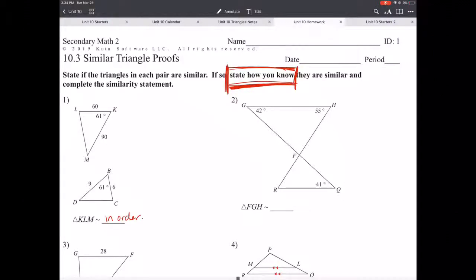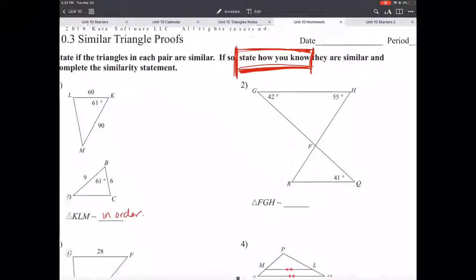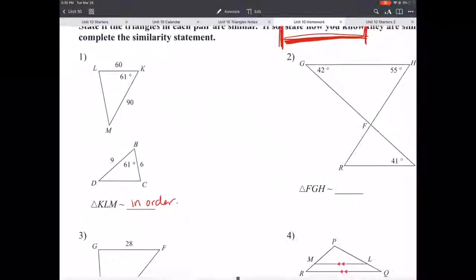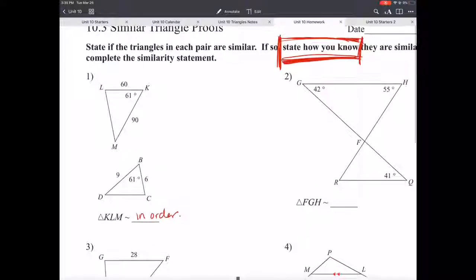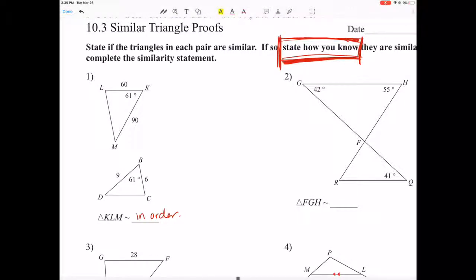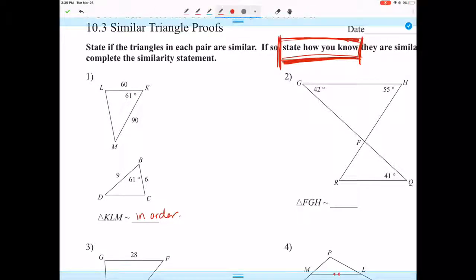Don't just look at them and say, those look like they're similar, and write down the similarity statement. That won't give you points. Well, at least it may give you some points, but when you do your similarity statements, make sure you write them down in order.